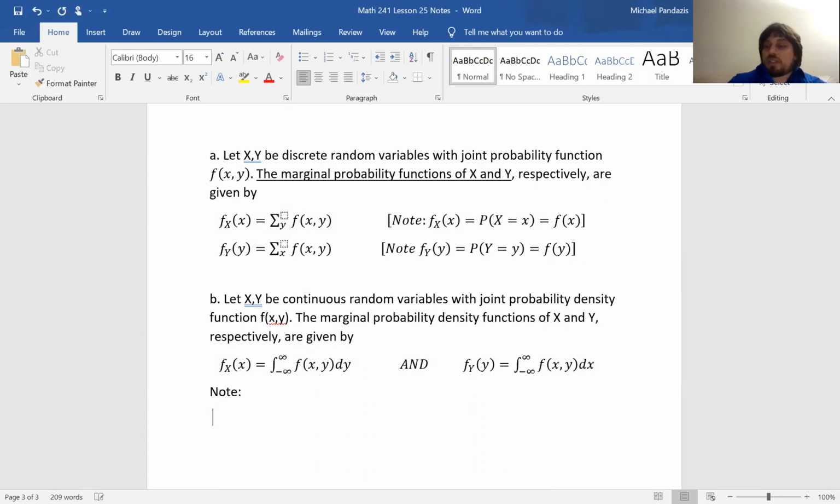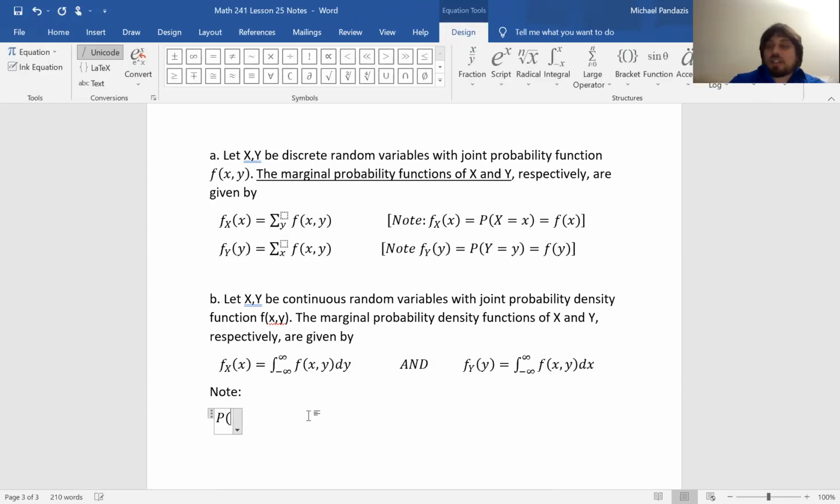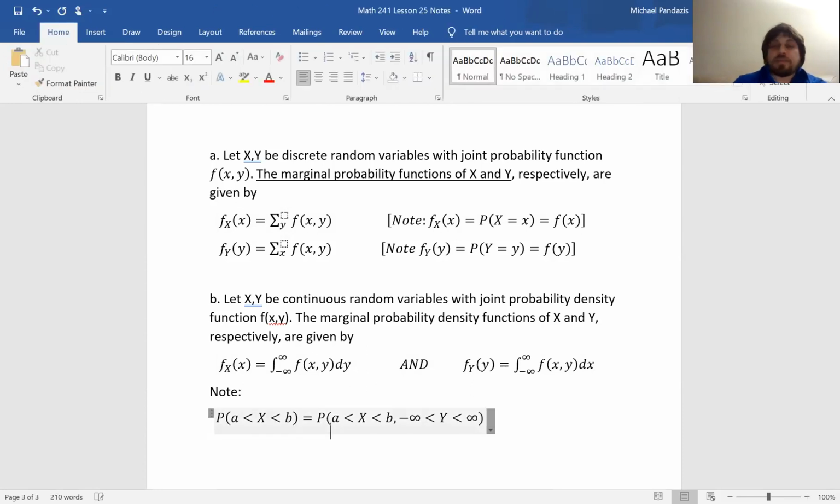And note that the probability of a less than X less than b is equal to the probability that a is less than X less than b and negative infinity is less than Y less than infinity.